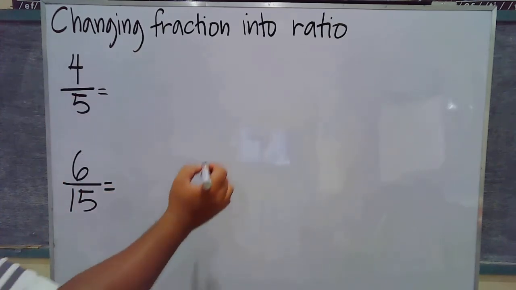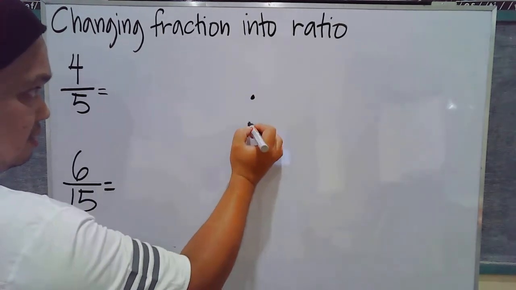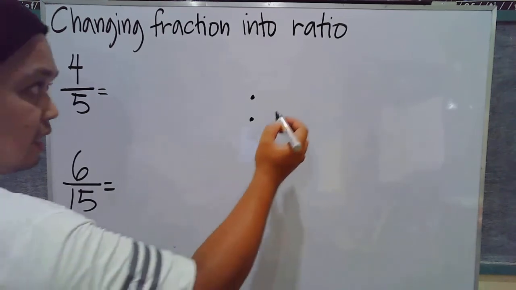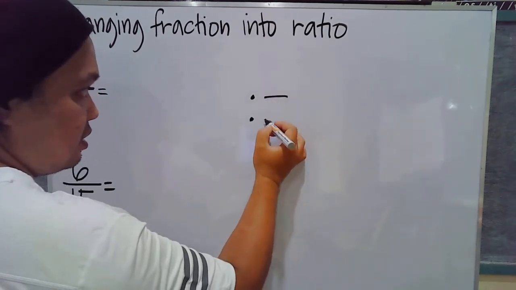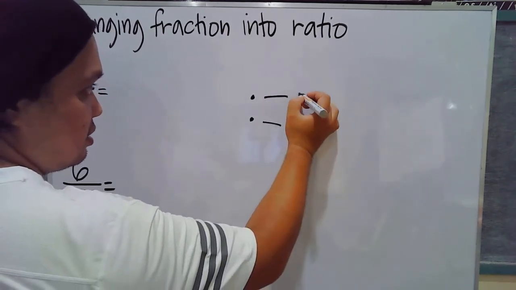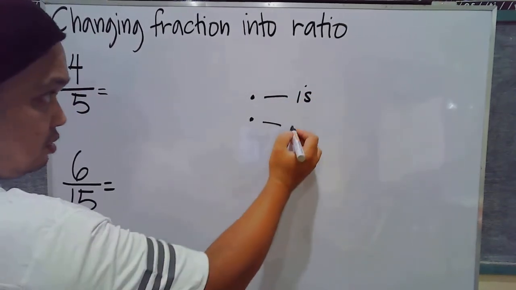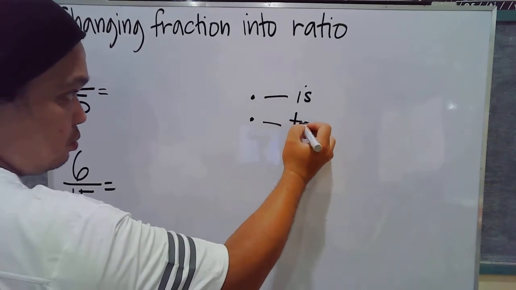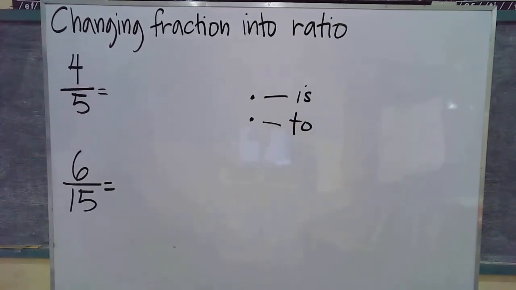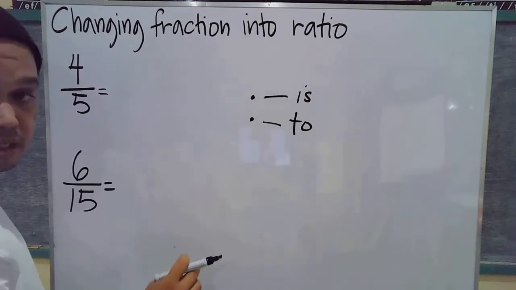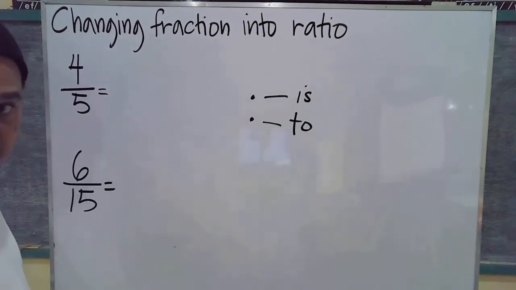Okay, so a ratio looks like this. We have two points, one above, one below, just like a colon, and the point above is read as "is", and the point below is read as "to". So if we have a ratio, it is read as "is to".